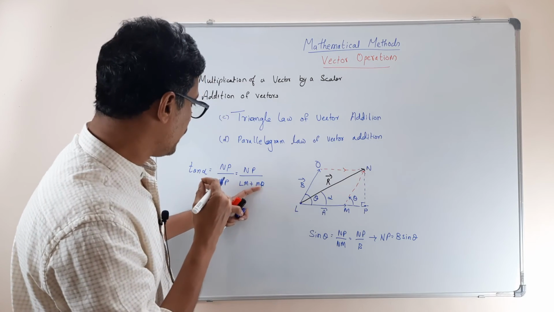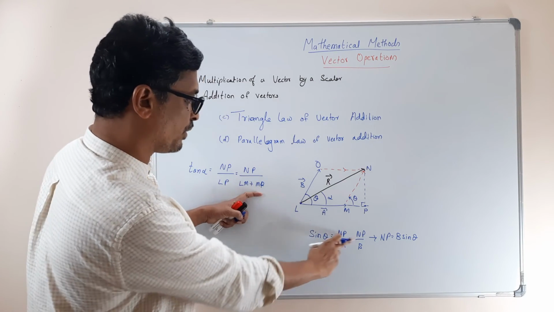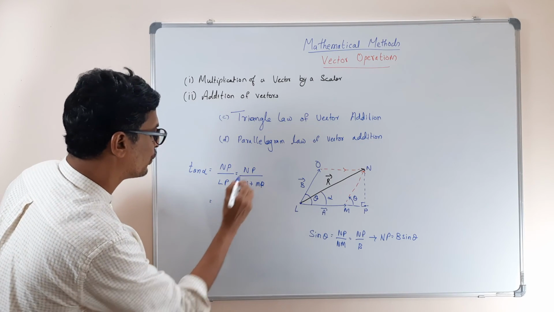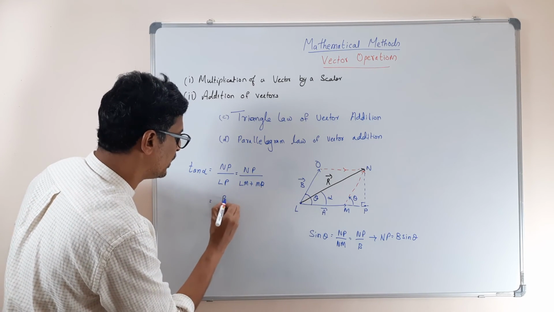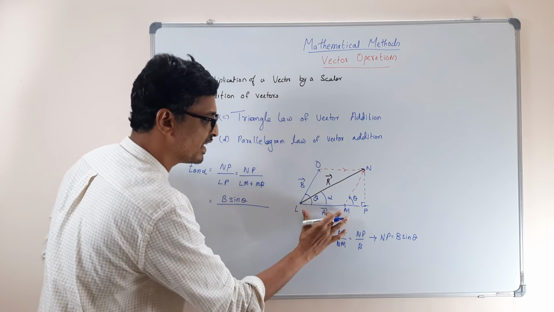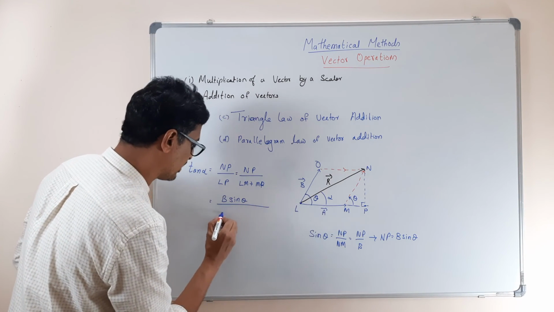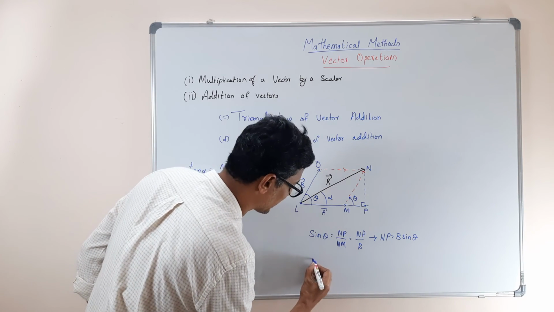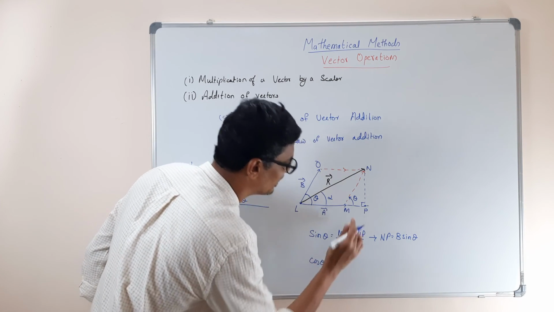And what all do you want? We want to get the MP also, correct? So NP somehow we got it, so we want to get MP. Let me write it down. NP is B sine theta. LM is known, right? LM is A. So A plus we want MP. Cos theta equal to what?